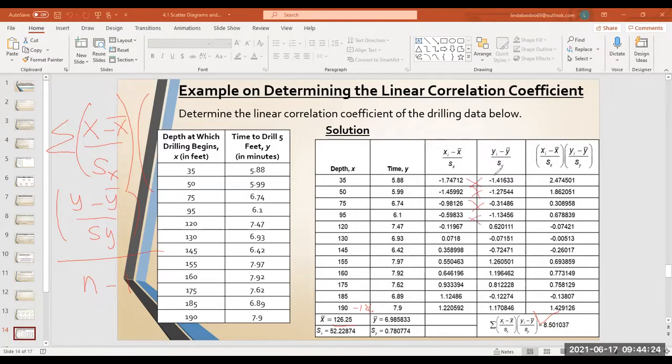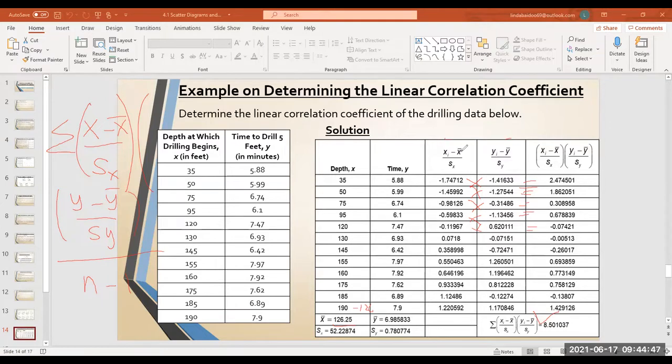So each of these, that is column 3 and column 4, you are just multiplying to give you this product. You do this, take this, multiply to give you that. After you are done with that, just go ahead and add. So we add all the values in this column.